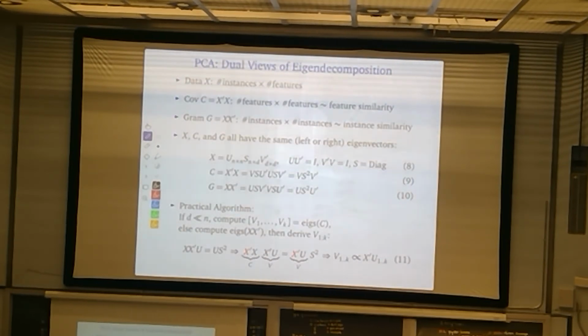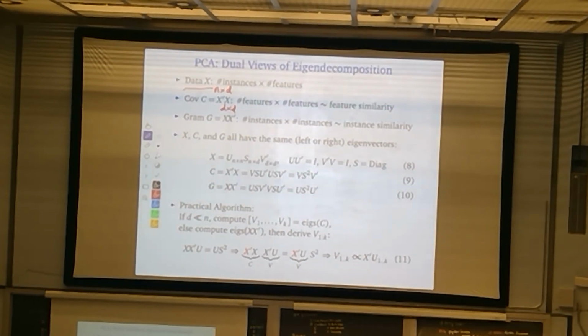We have the dual views of eigendecomposition. The data X is n by d. N is the number of instances. D is the dimension of the features, or number of features. The covariance matrix is d by d, so it's the feature-feature similarity.